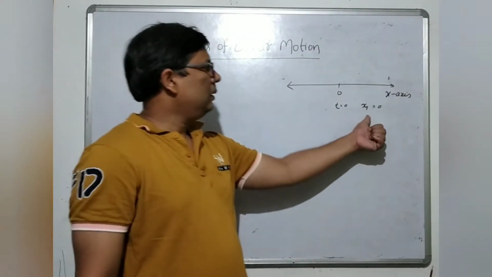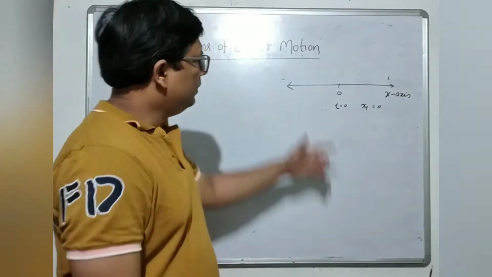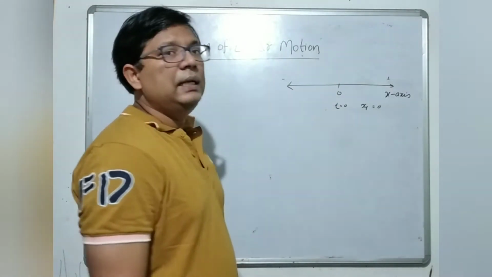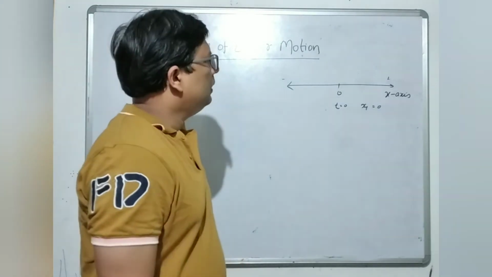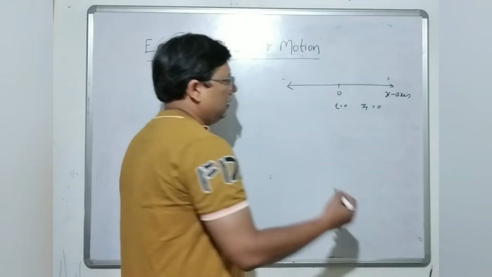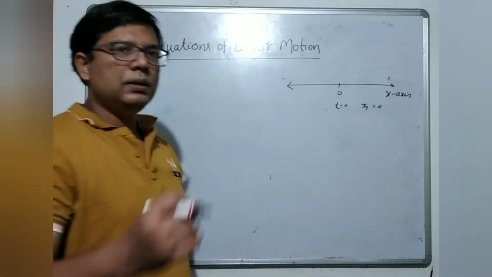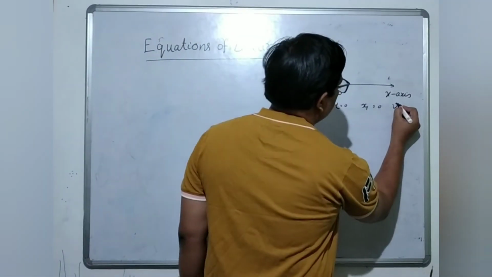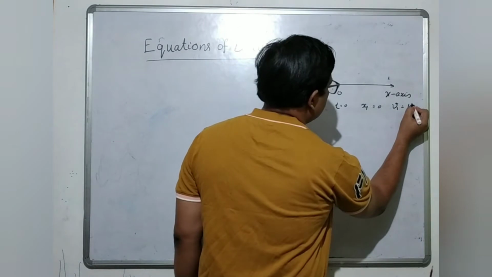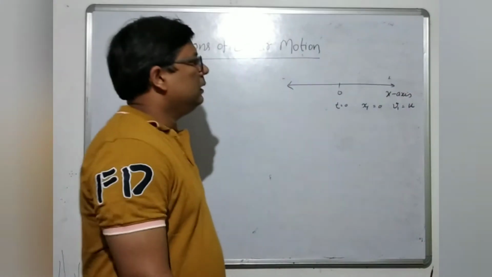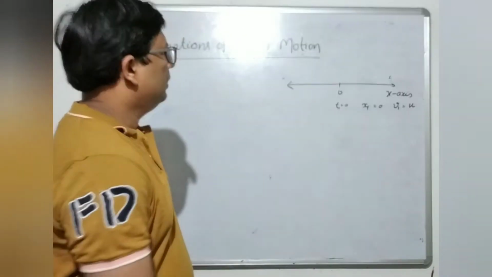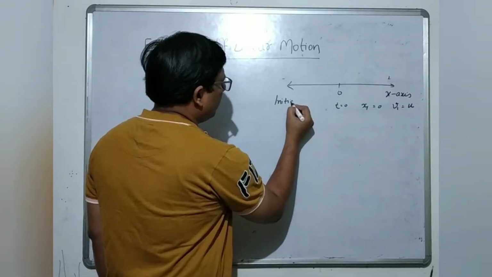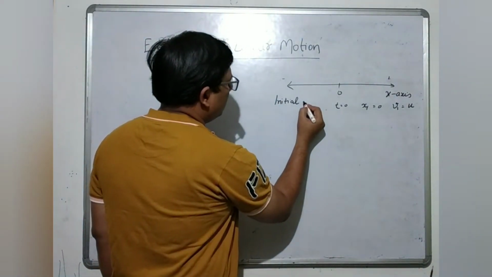What is this x1? x1 is the position of the object when time is 0, so this is also called the initial position. And what is the velocity at this point of time? Let us say this velocity is u. So u is the initial velocity. These are the initial conditions.